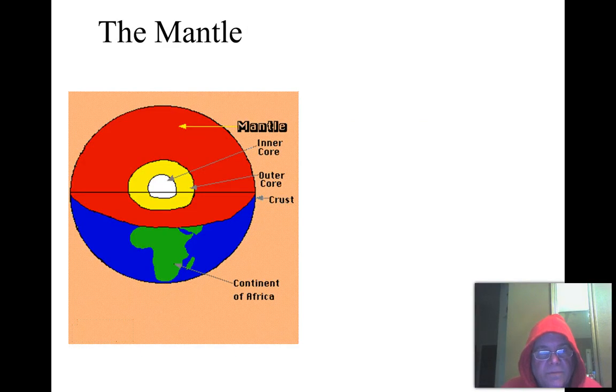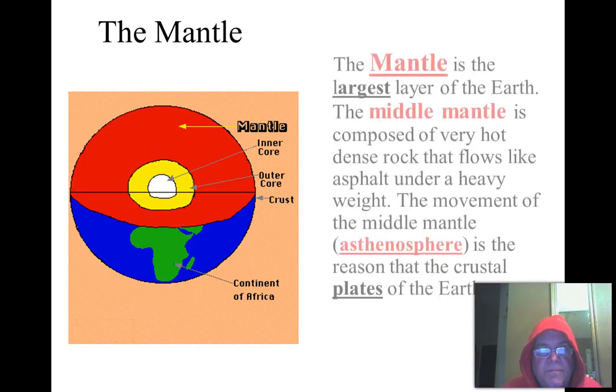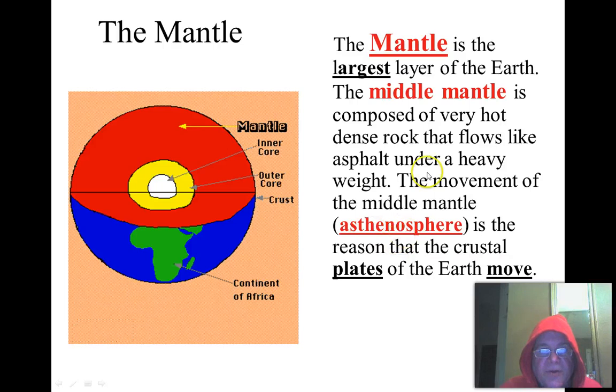Okay, the mantle is basically the largest layer of the Earth, and it goes from here all the way to the inner core, and it's where the asthenosphere exists right there, and it's the thing that causes that upper crust, the lithosphere, to actually move, and you have continental drift.